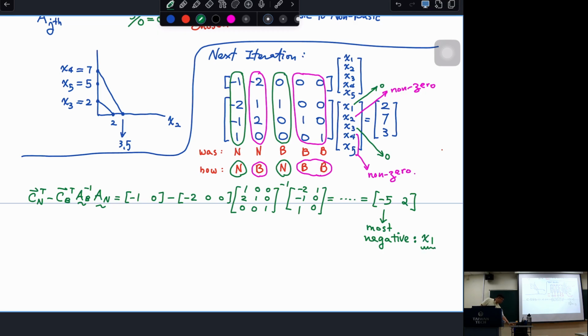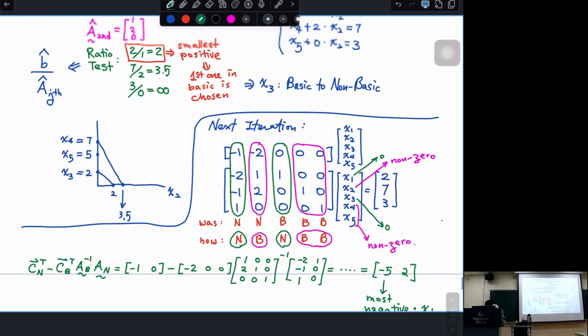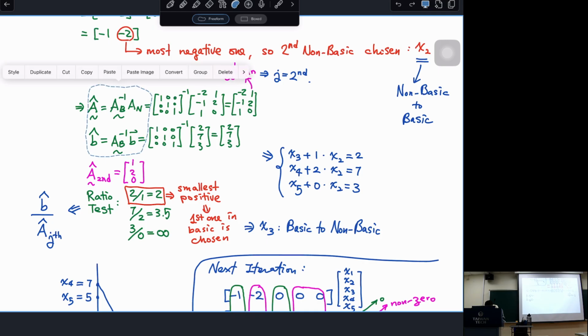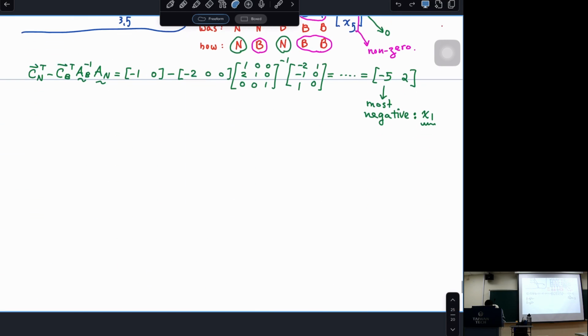Okay? So you then need to calculate for this. Sorry. You need to calculate for this. Copy. Paste. So B inverse AN, so basically it's these guys.